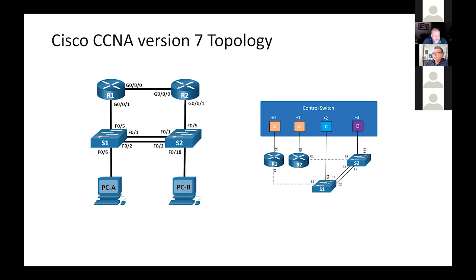And just like you said, we're going to explore options, seeing how far back can we go to see if older gear, like 1941 routers, possibly 1921 routers, could be feasible for the new labs. It's just that there's some different interface translations going to those routers compared to the new ones.